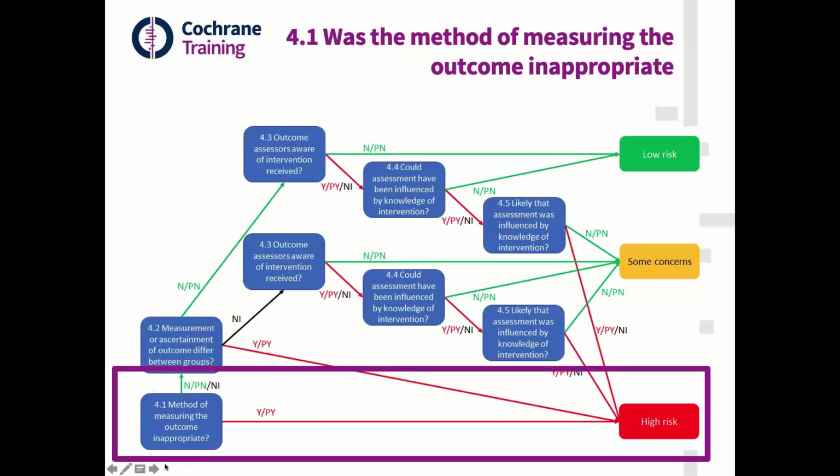So if you go back to the algorithm and you answer this question yes, probably yes, straight away this domain will be high risk of bias. You don't even have to answer the other questions. If the answer is no, probably no, or no information, you move on to the second question.